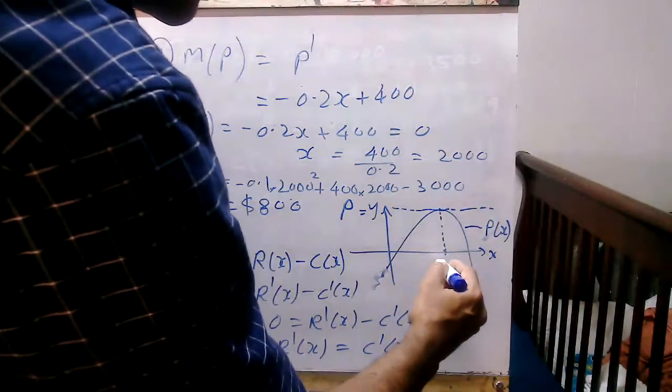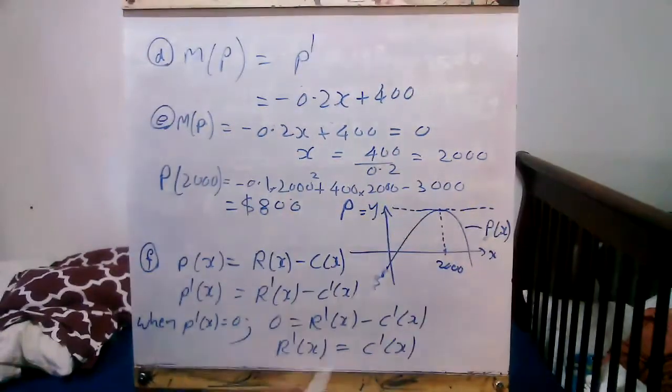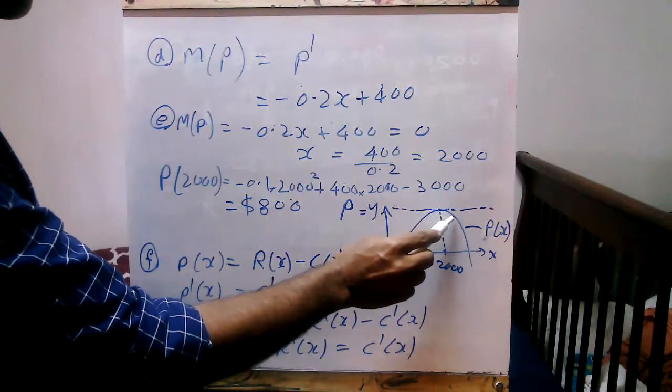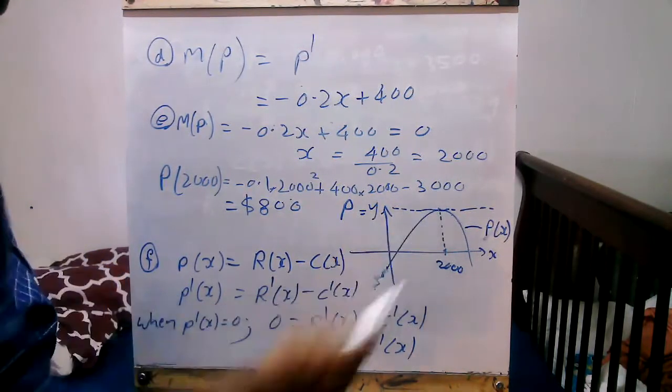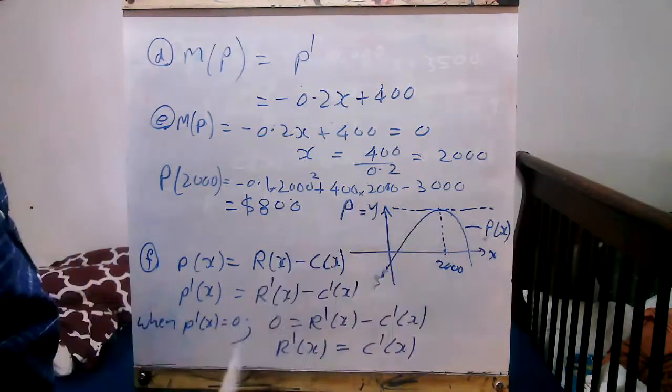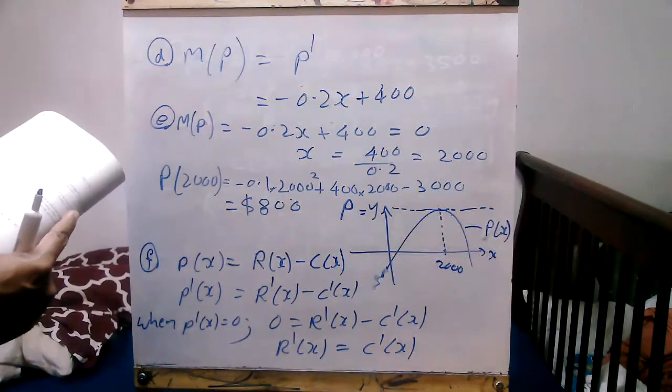This is 2000. That means if you produce more radios, your profit will be less than what you make at the level of 2000, right? That's what it means.